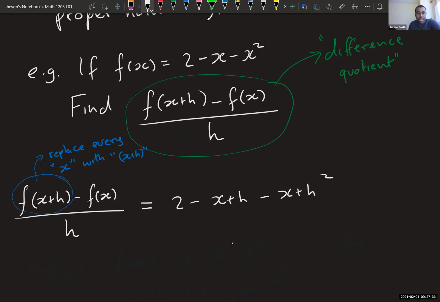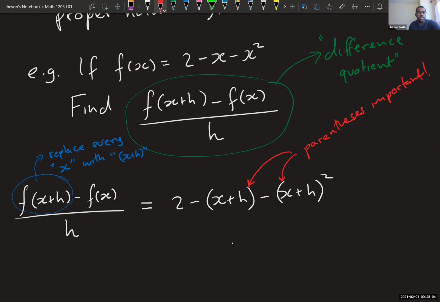Now, sometimes students write that, and that is going to be incorrect. They're going to get in trouble. You need the parentheses here. So everywhere I see x, I now replace it with an x plus h. Okay. Parentheses important. A lot of students just wouldn't write the parentheses.